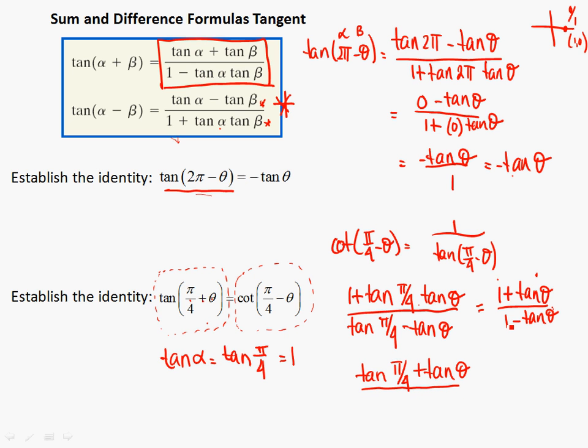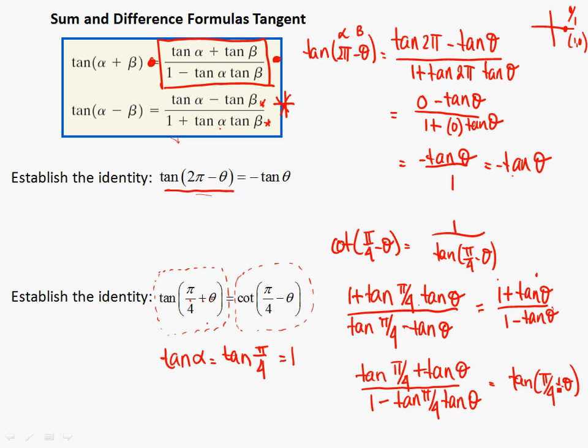That one we're going to leave because it's in the right spot, but then we're just going to slide a tangent of pi over 4 in over here because it's worth 1 anyway, so that I can get exactly the structure that I'm supposed to get over here. Does that make sense? Because now I have the structure that the formula says I'm supposed to get. So that sort of looks like cheating, but I'm just rewriting it to match what I need so that I can finish by saying, well, that is the tangent of pi over 4 plus theta.